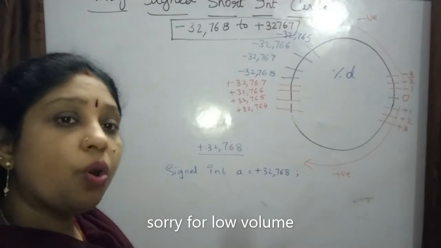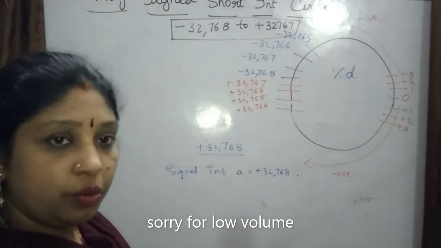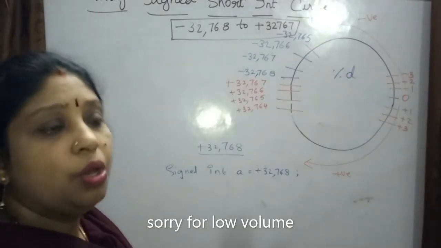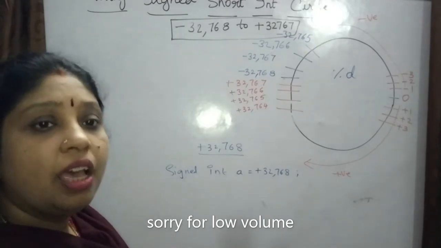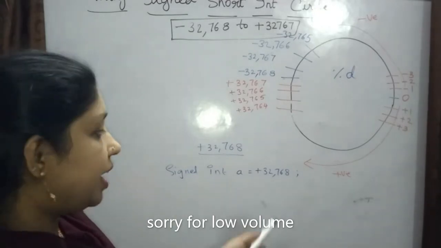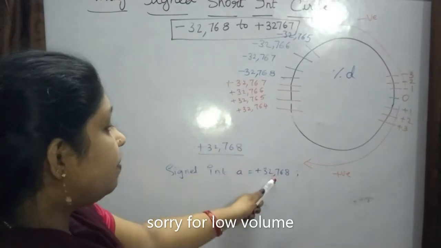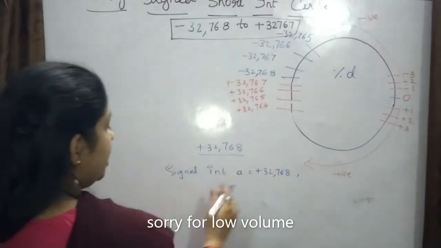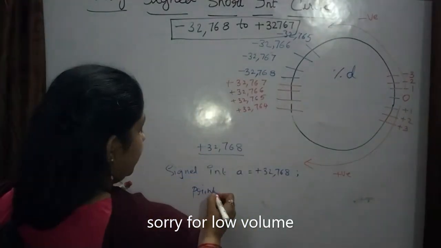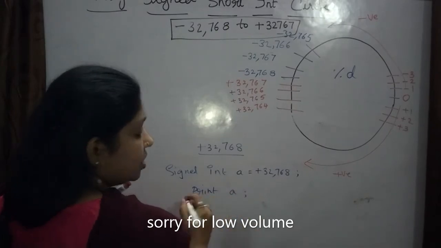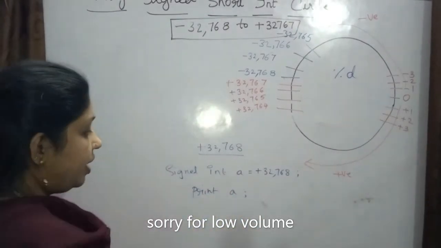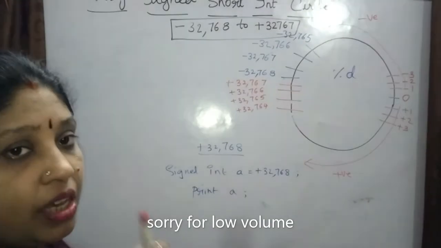Okay, we will call that value a garbage value. That means we cannot understand from where it is taken, and you will think that I have given this number, but it's not giving out. Suppose if I declare like this, and if I ask print a, just casually I'm writing, it's not a syntax of C.